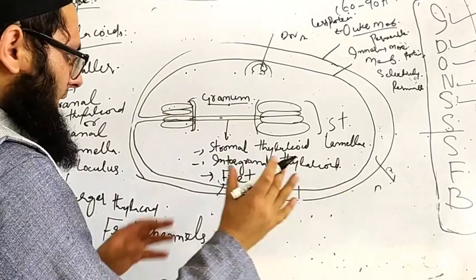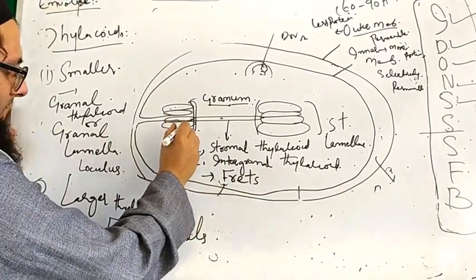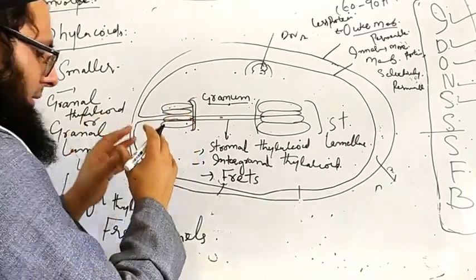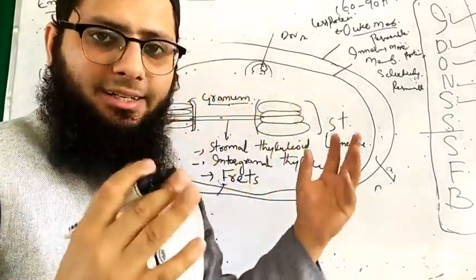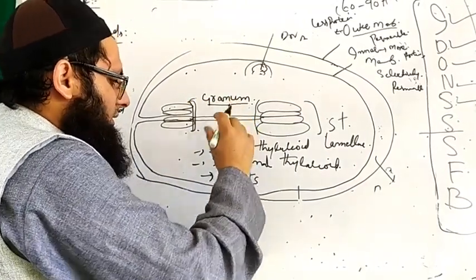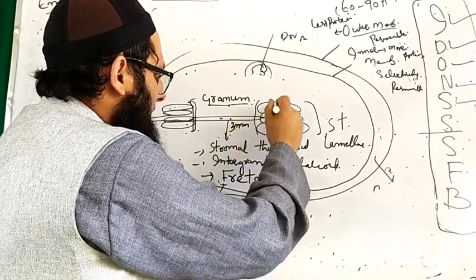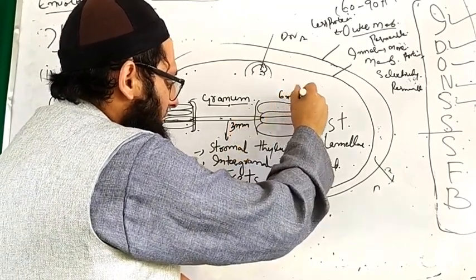And one more thing I want to add is about the smaller thylakoids. These smaller thylakoids are about 6 nanometers in thickness. However, the larger ones are narrower, about 3 nanometers.